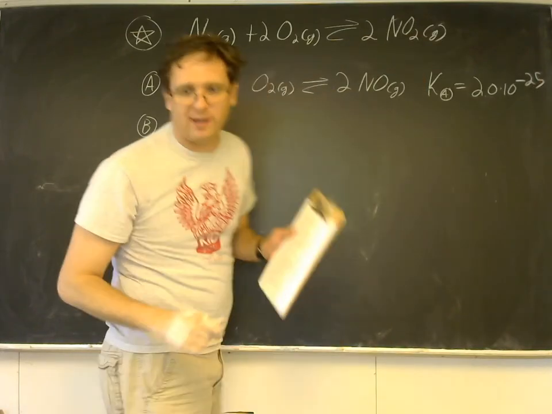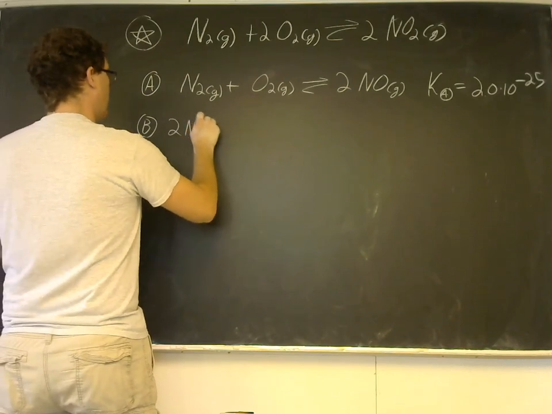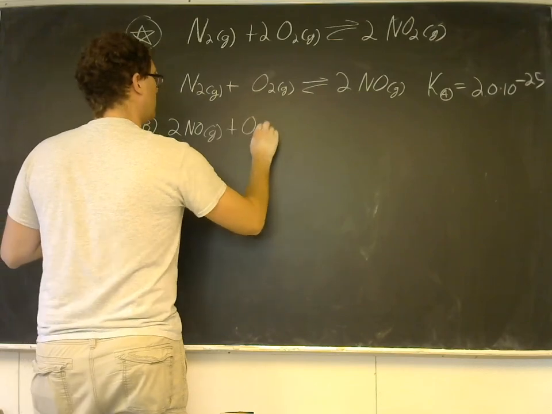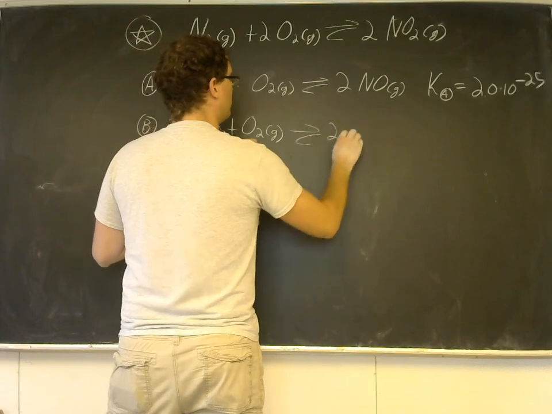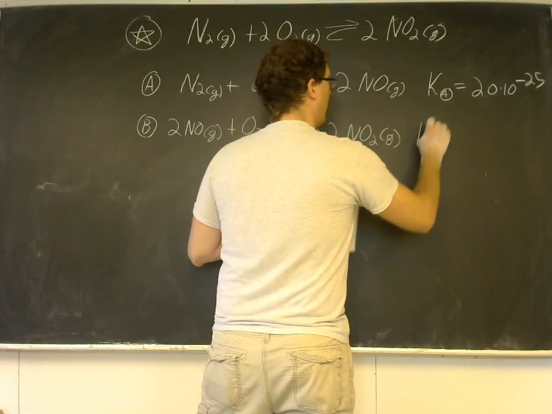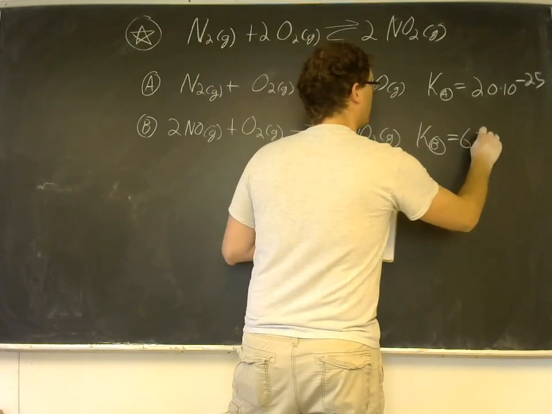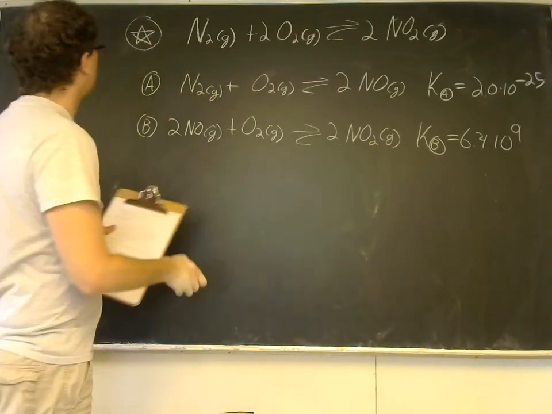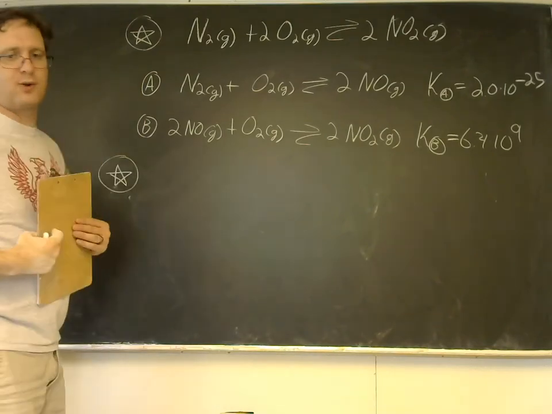Is that in frame? Yes. And the next one is 2NO gas plus O2 gas in equilibrium with 2NO2 gas. And the equilibrium constant for B is given, and it is 6.4 times 10 to the positive 9th. So can I come up with a formula to reproduce equation star?